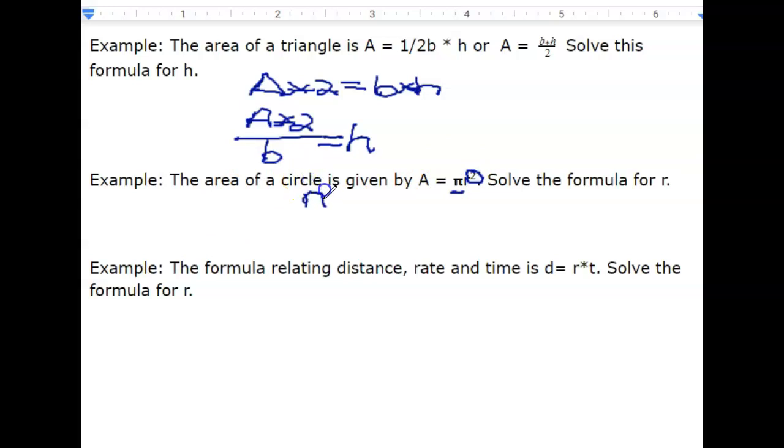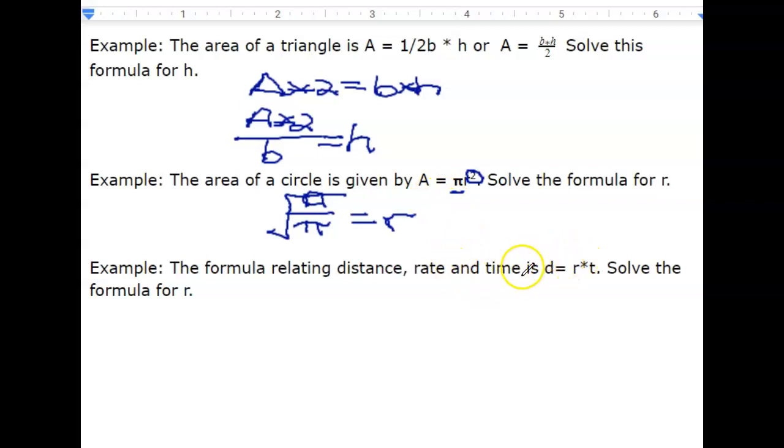So I'm going to do area divided by pi. And now I've got to remove the exponent. When you remove an exponent of square, the opposite of that is square root. So I would square root this entire piece to get the radius. So I'm going to take the area of the circle, divide it by 3.14, and then square root that answer. And that's going to give me the radius of my circle, the starting part.